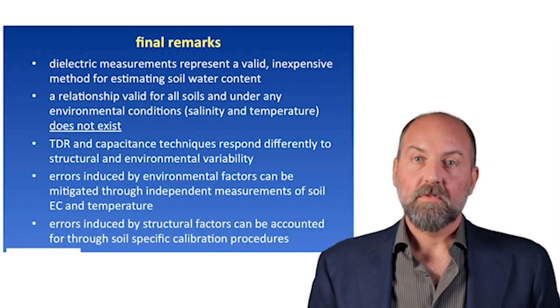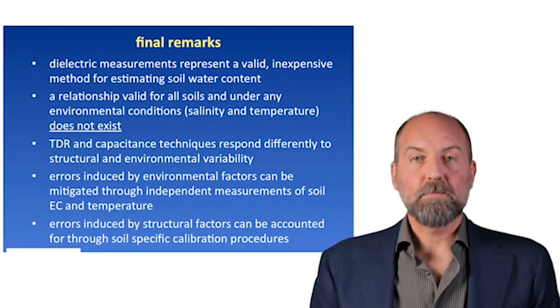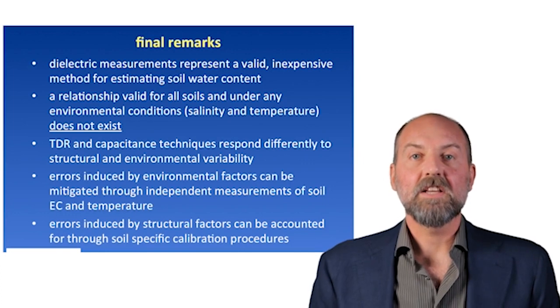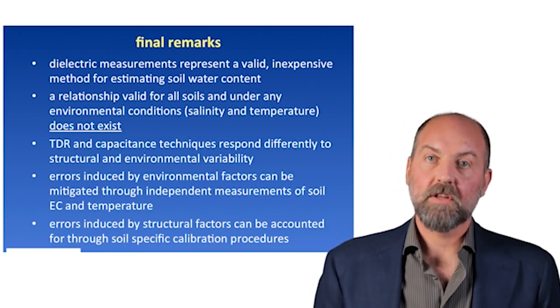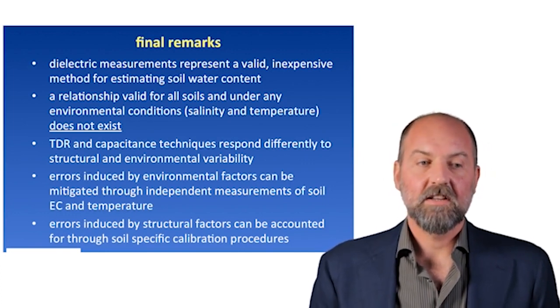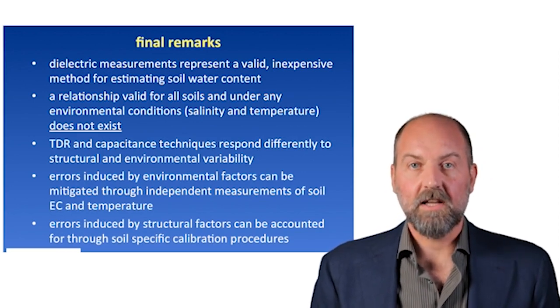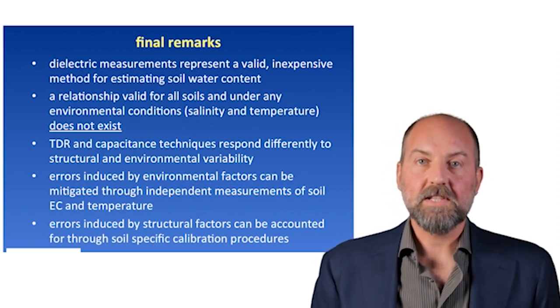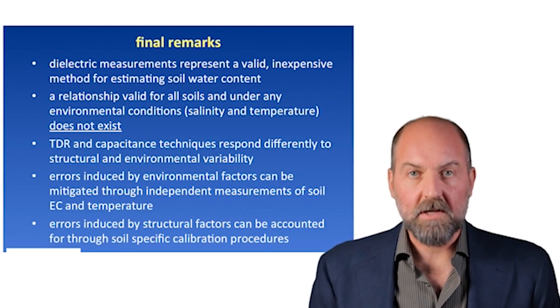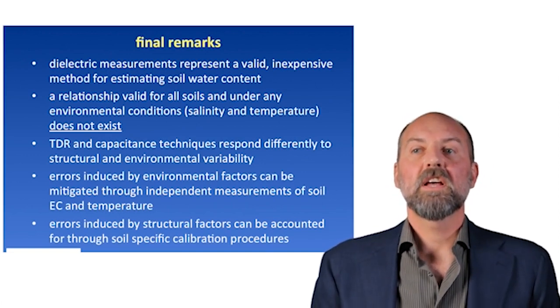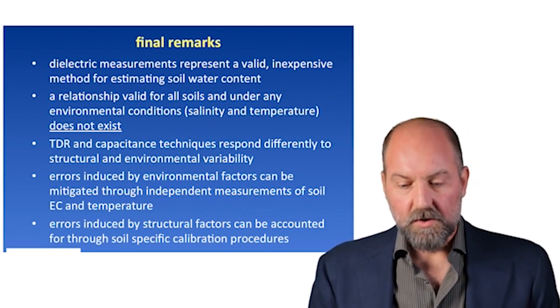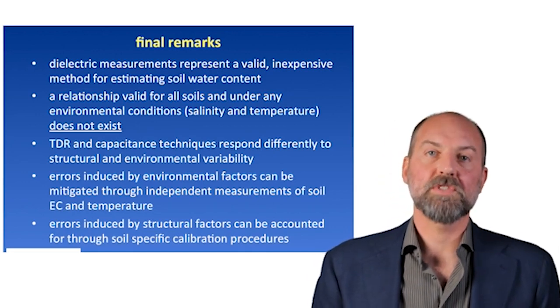There is little we can do at this point to mitigate the variability that comes from the natural variability in soil texture and bulk density. In those cases, if improved measurements are necessary, one has to resort to soil-specific calibration procedure.